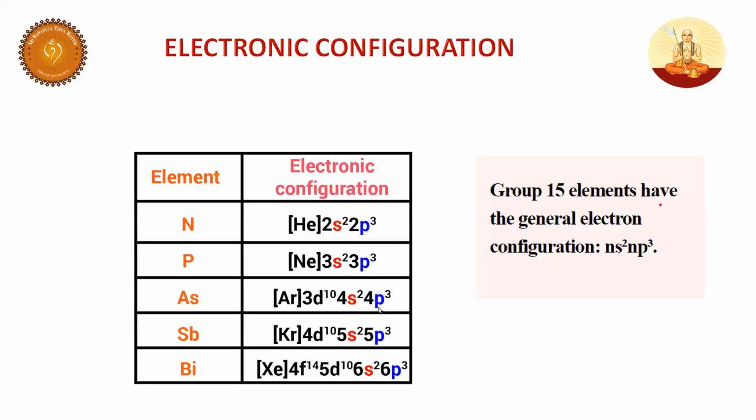You can see the electronic configuration here. Students, have a look. Here 4d is coming, here 3d is coming, and here 4f and 5d both are coming. There is a shielding associated with the 4f and 5d electrons.